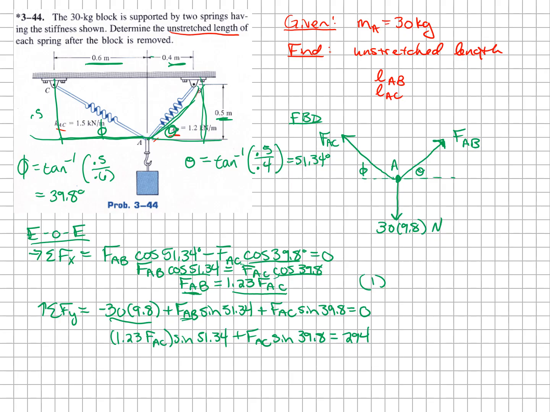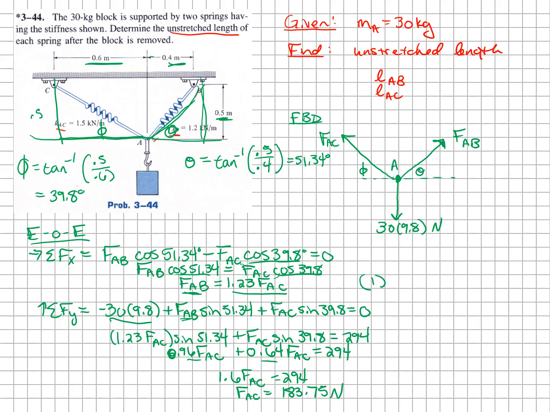Multiplying these out, I have 0.96 FAC plus 0.64 FAC is equal to 294. Combining these two terms, I have 1.6 FAC is equal to 294, and FAC is equal to 183.75 newtons.